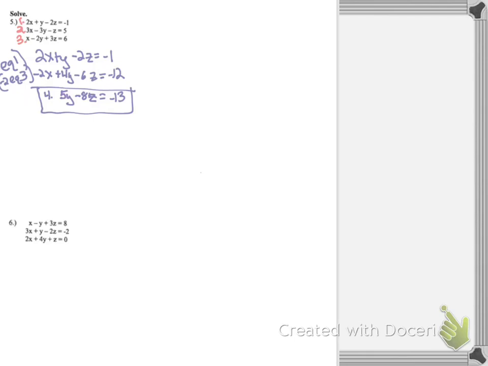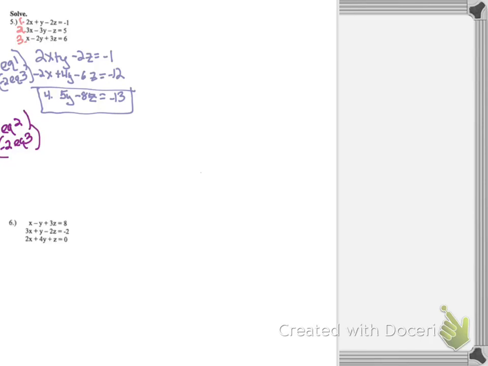And then we're going to take equation 2 and equation 3. We'll take EQ2 and then negative 2 times EQ3 to eliminate that same x variable.